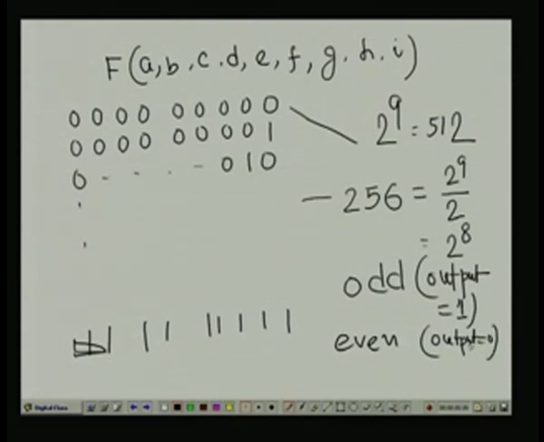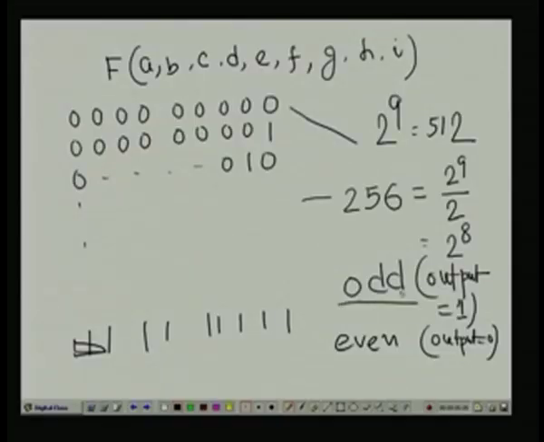So, if I draw the Karnaugh map, it is a 9 variable function map. There the number of min terms for the odd parity will be 256, because we will be getting 256 ones, so 256 min terms will exist.